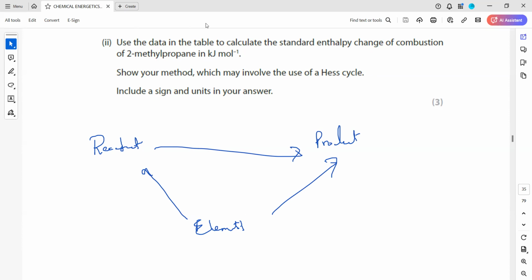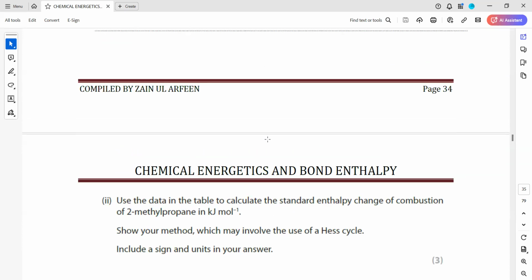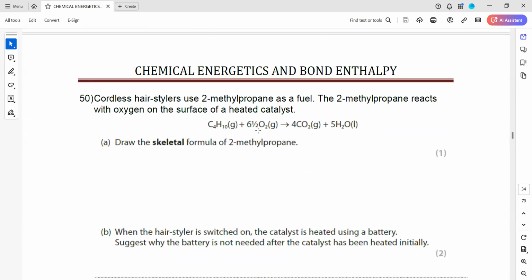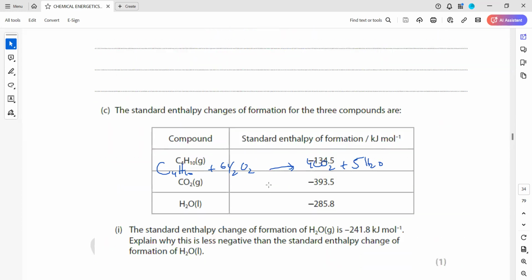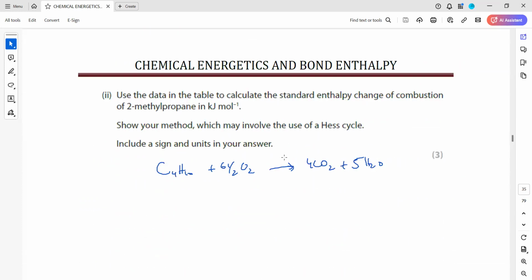So what are the reactants for this reaction? Reactant and product, like the standard equation. This is the equation: C4H10 plus 6.5 O2 gives 4 CO2 plus 5 H2O. These are the reactant and the product. And then what link will we add? We'll add a link which is the elements.